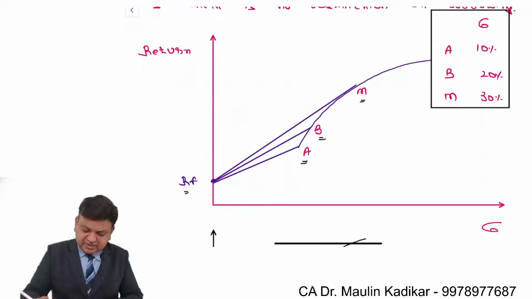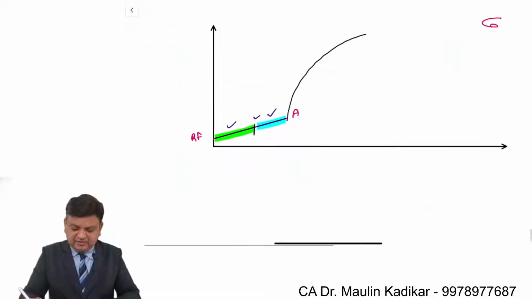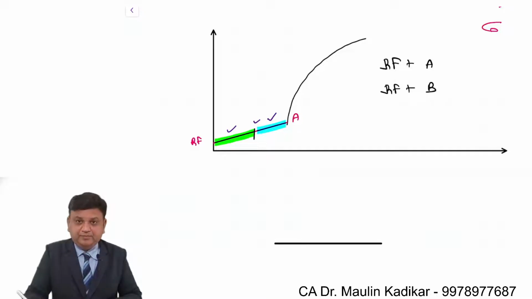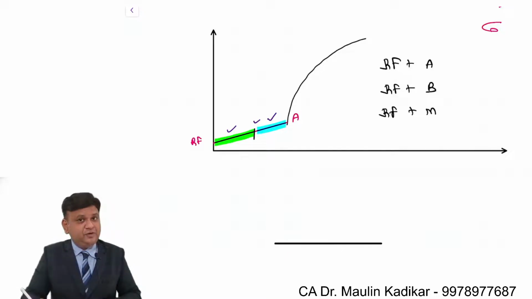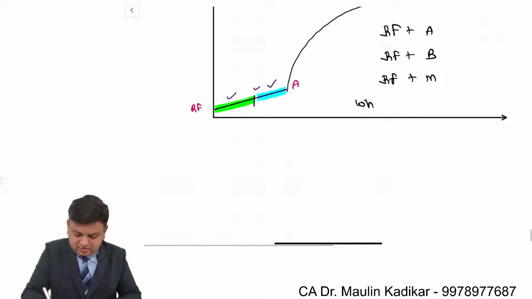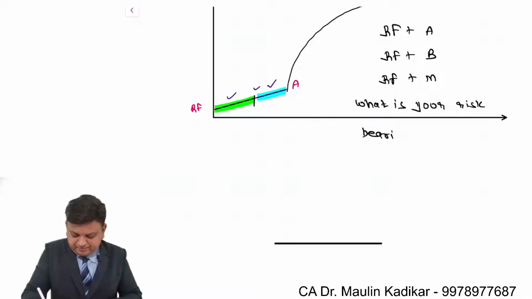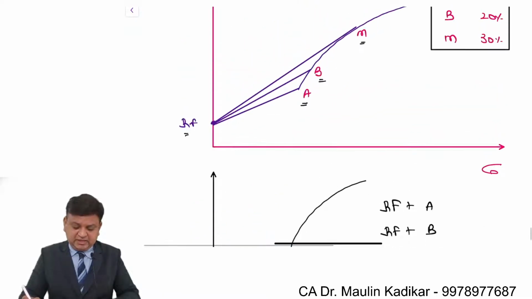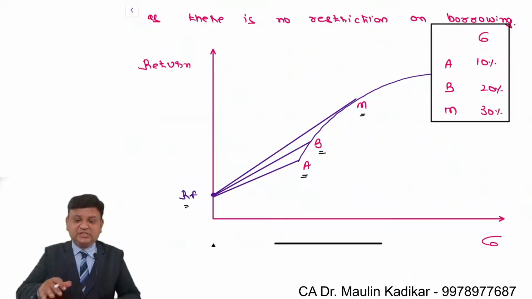Will you say that you should make investment in RF plus A, or you should invest in RF plus B, or you should invest in RF plus M, or first of all you will inquire what is your risk bearing capacity. I want you to answer in the chat box what is the first thing that you will ask your client in this situation.